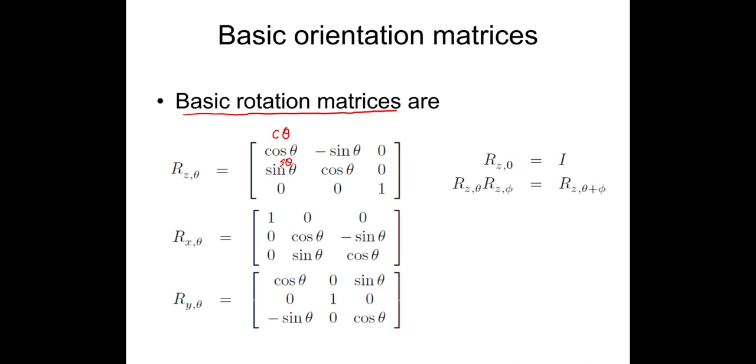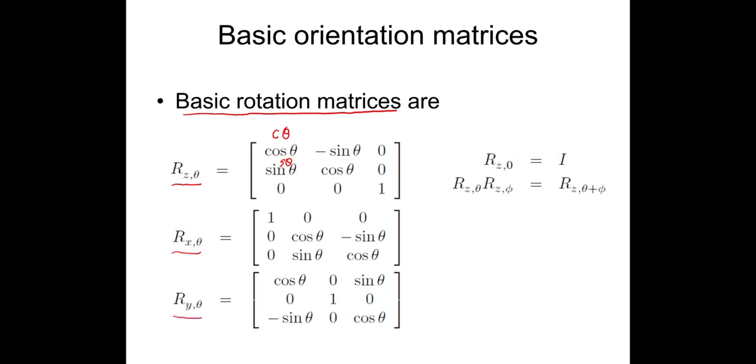Okay, so here I want to emphasize that the rotation matrix Rz theta means we're doing the rotation around z-axis and we rotate theta. And so we have this format. If we do Rx theta, it means we rotate around x-axis with the angle theta.